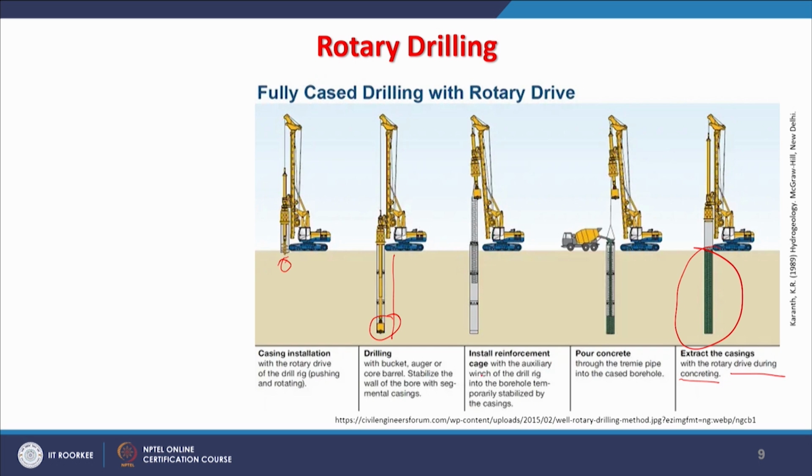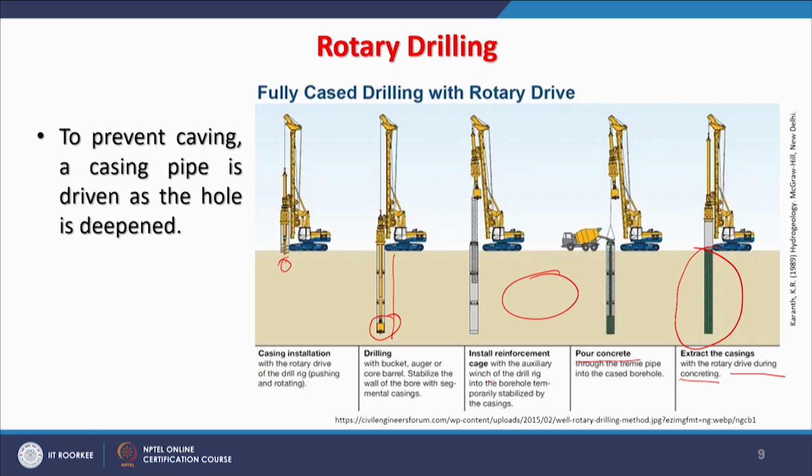Install the reinforcement case with the ancillary winch, drill, and finally pour concrete if required depending on the formations, and then finally the casing and the rotary drive are extracted.